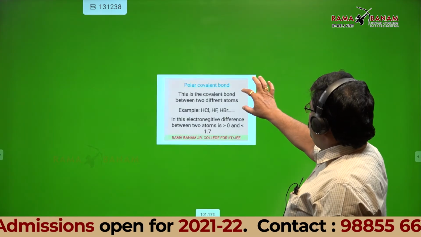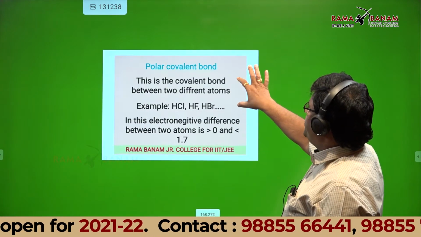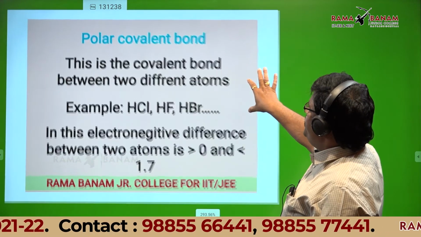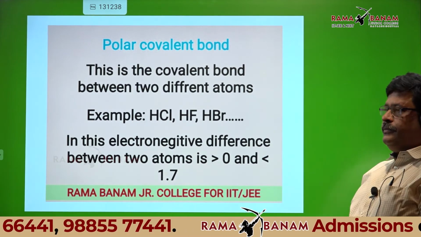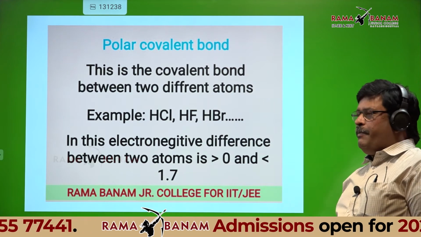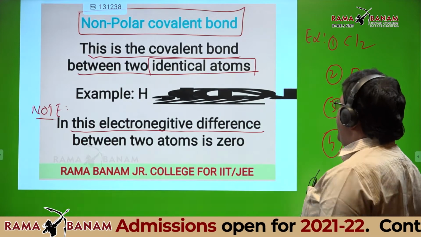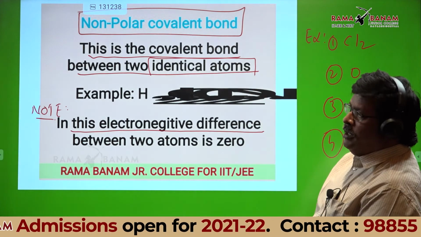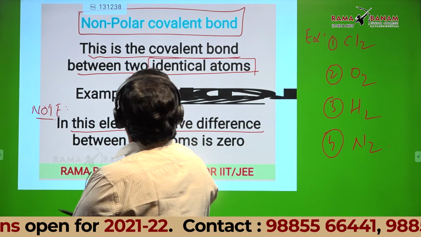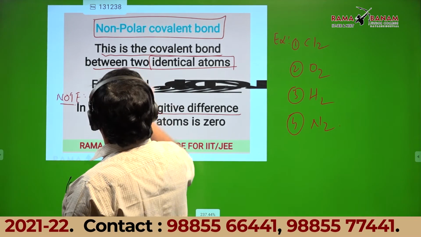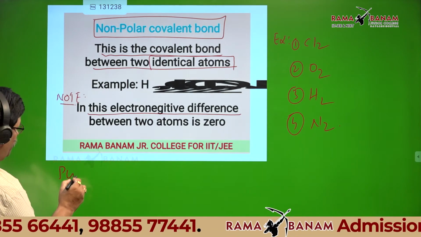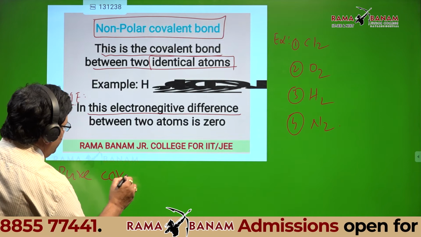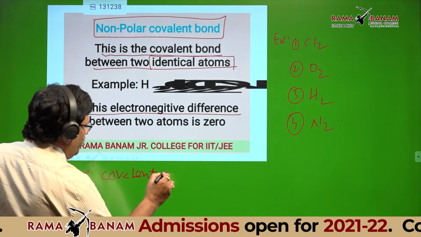Write about polar covalent bond. After that, we will discuss the formation of this. See, students, don't write anything yet. One more point I want to add in non-polar covalent bond. Better write here. Note, this is also non-polar covalent bond, also called pure covalent bond, as in N2.